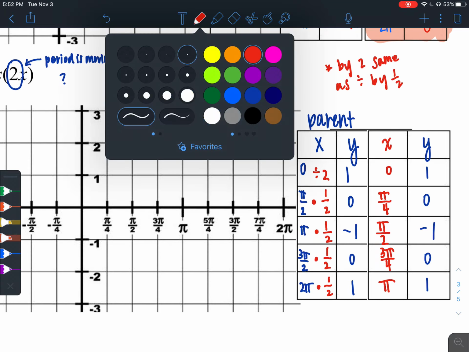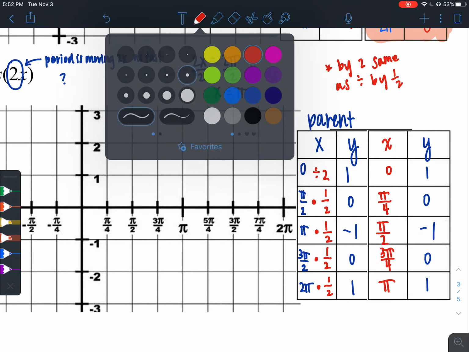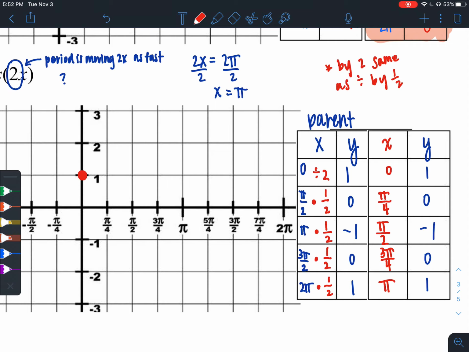And we want to plot these values. So 0, 1, pi over 4, 0, pi over 2, negative 1, 3 pi over 4, 0, and pi, 1.